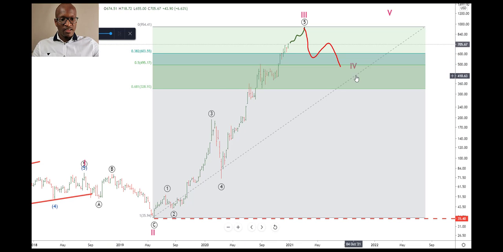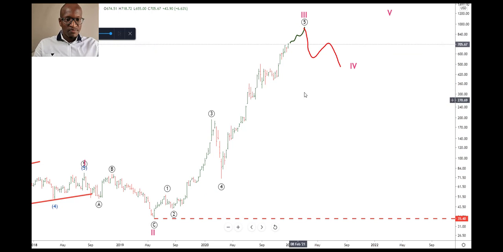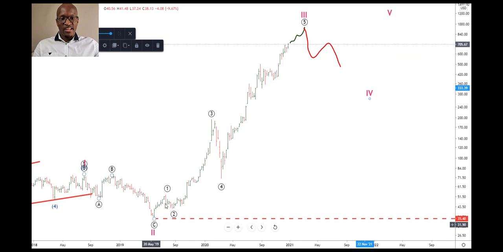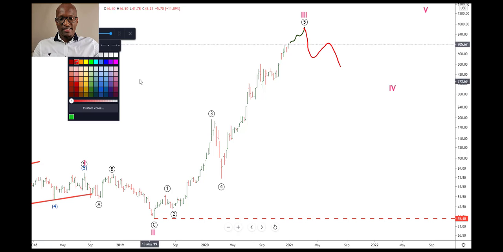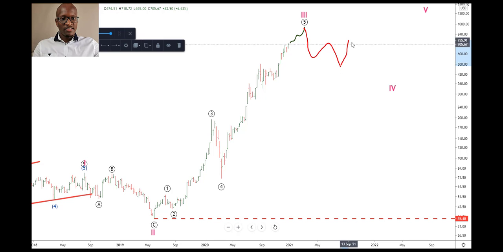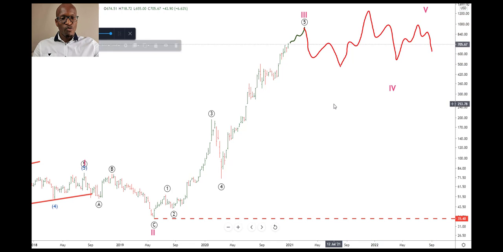Now, in the Elliott Wave Principle, especially after such an extended third wave, fourth waves do tend to be triangles. So what I'll be looking at here as an alternative to this three-wave pullback is the market making a more complex correction for wave 4.